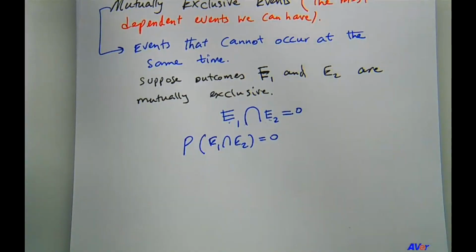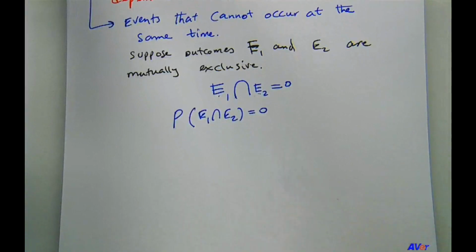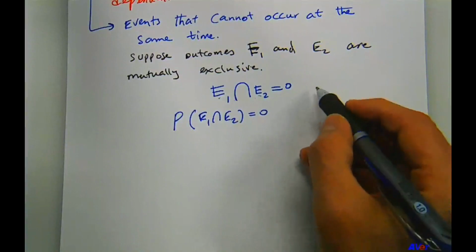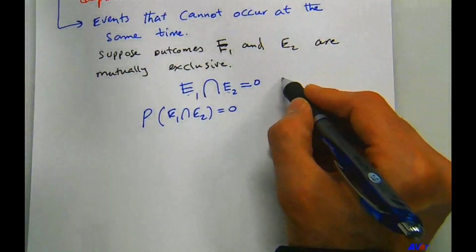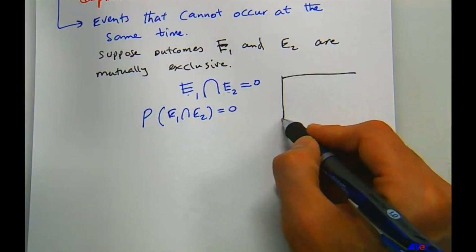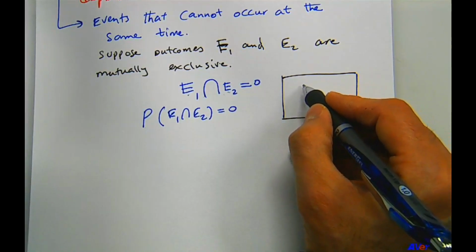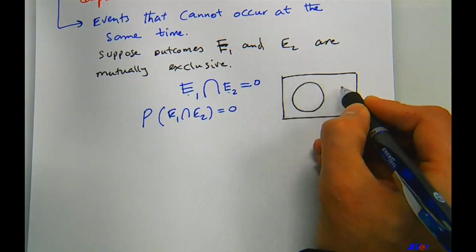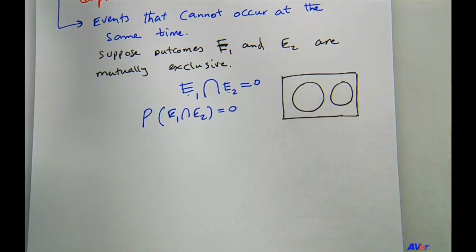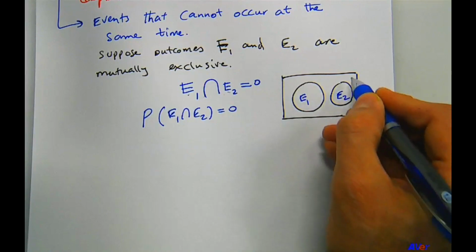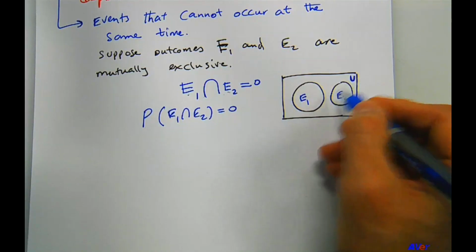Okay. How about the Venn diagram? How do we show this using a Venn diagram? Well, this is how. Let me write it here. We can show that in a Venn diagram as E1, E2, and that would be U or sample space.